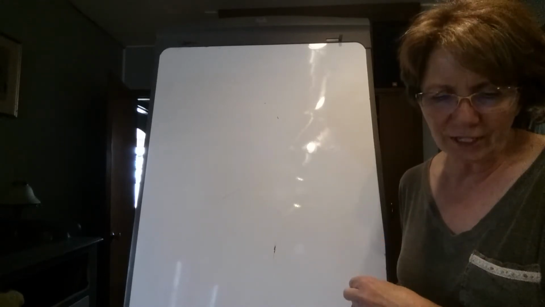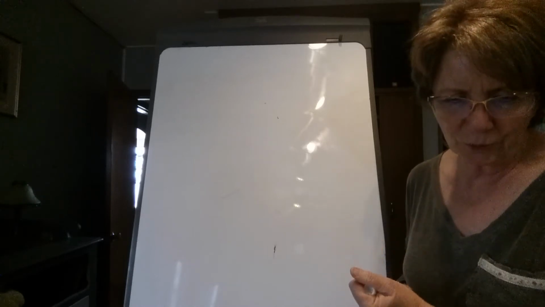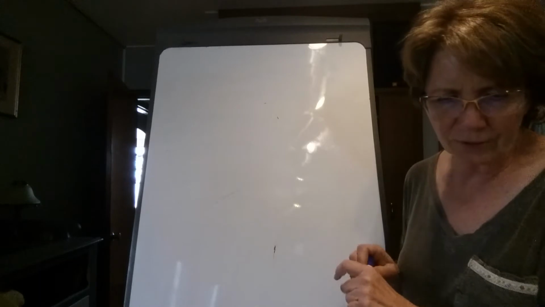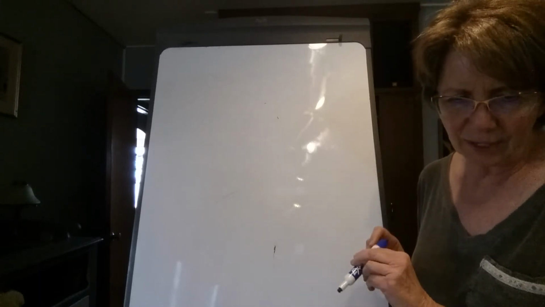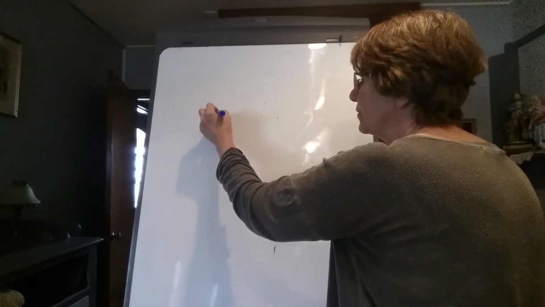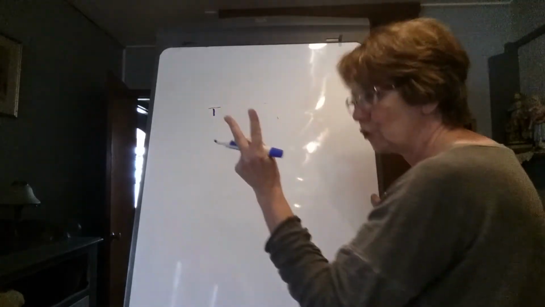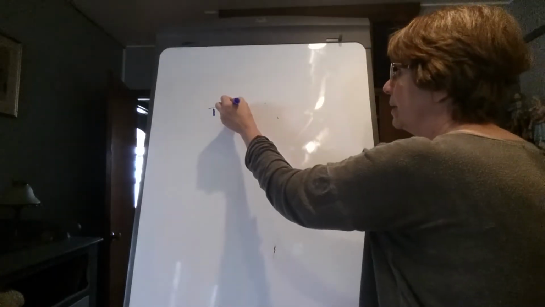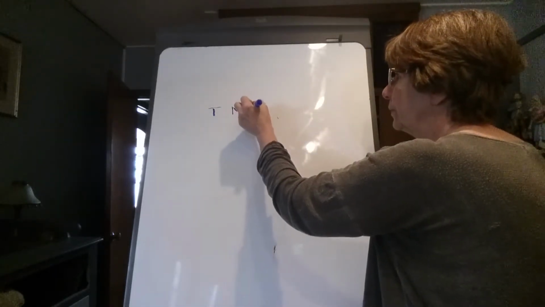So what you need to do, and you guys remember what I told you about doing an organized list. So we're going to do T, M, and F, Texas, Maine, and Florida. I would use Texas first because there's two possibilities with Texas. There's Texas, Maine, and Florida.